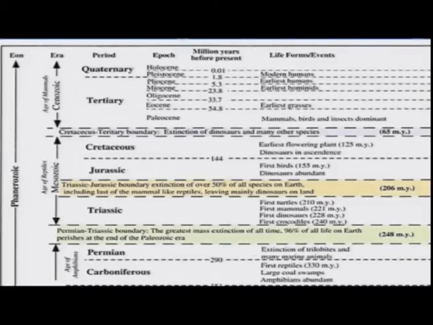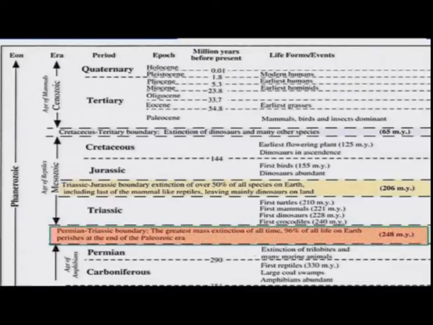Now just to see the different events, which we have already discussed, but I'll move very fast. These are all events related to volcanic eruptions. The Permian-Triassic boundary was the major event, almost 248 million years back.